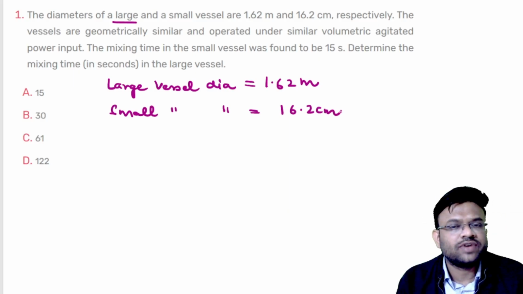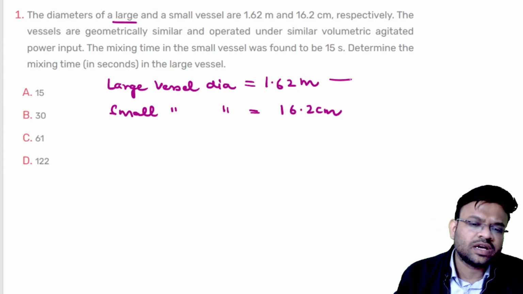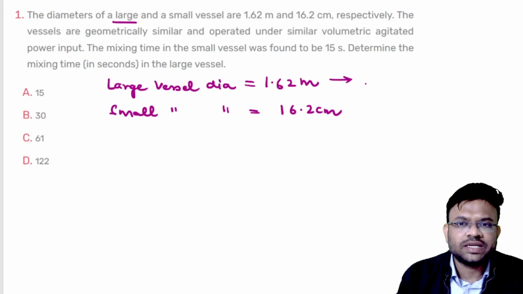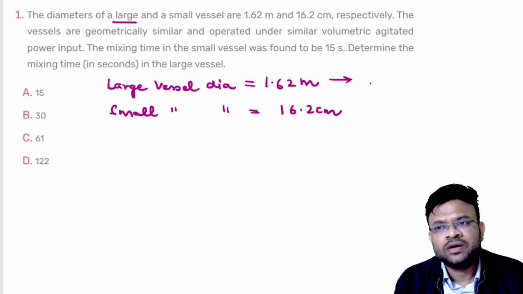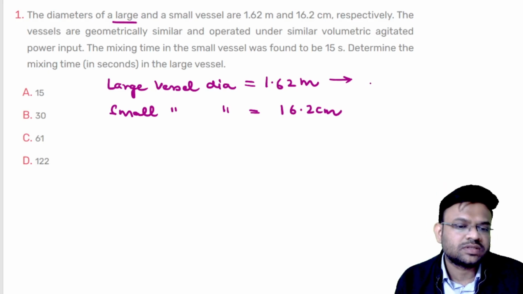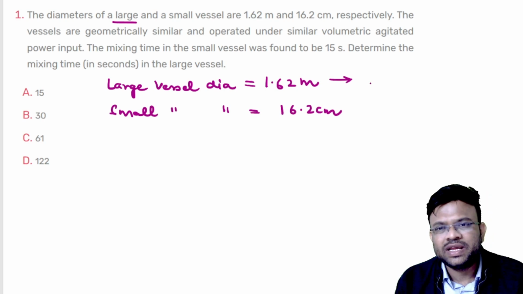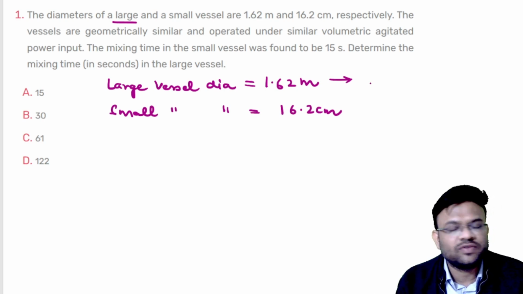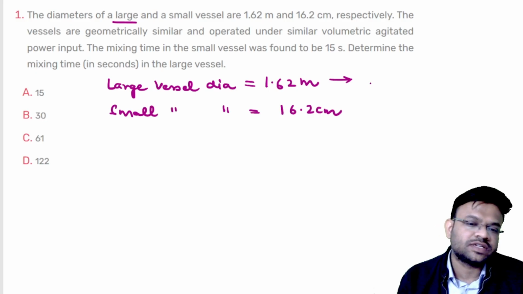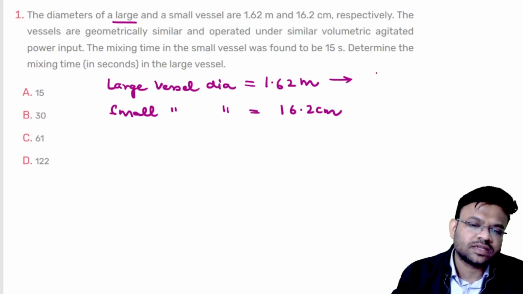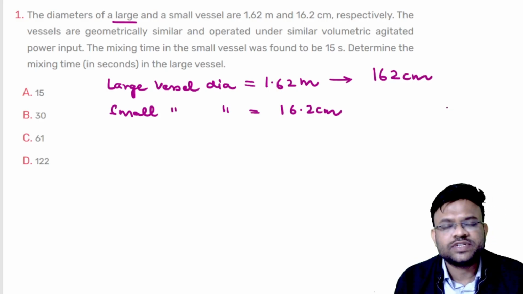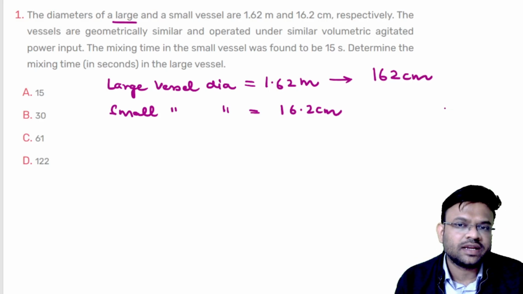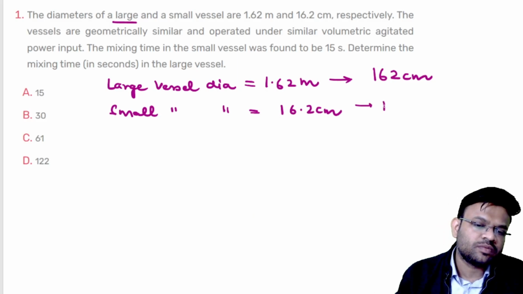Now again you can see a variation in the unit. So I can convert the meter into centimeter, because we would not want to deal in decimals and make our calculations complicated. So this would be 162 centimeters, I've just multiplied it by 100. And the small vessel is, as it is, 16.2 centimeters.